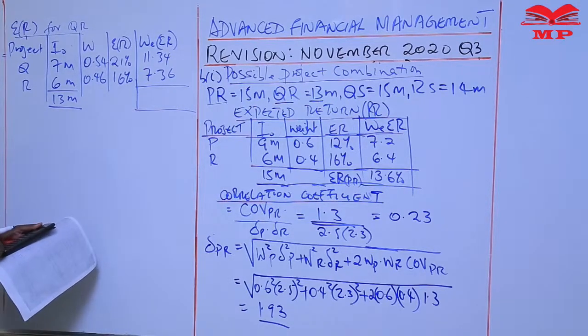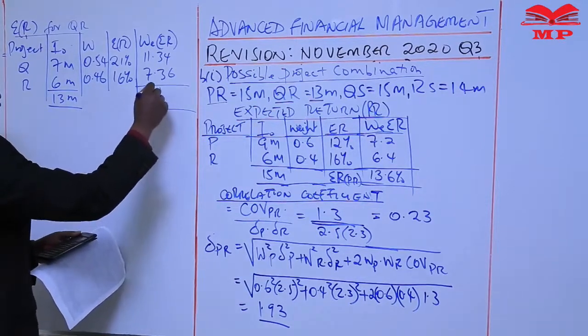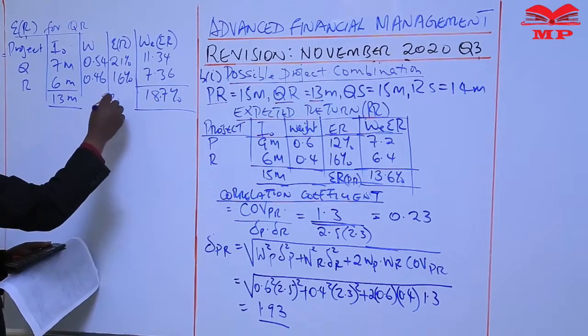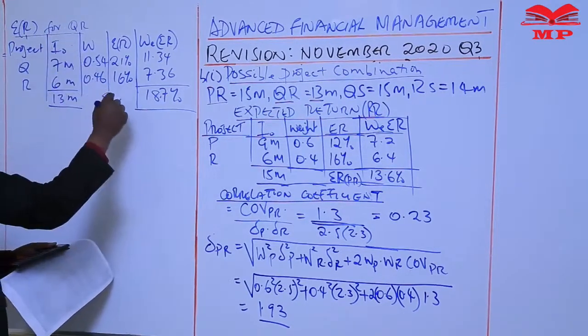We add 11.34 and 7.36, which gives 18.7%. This is the expected return of the portfolio QR.